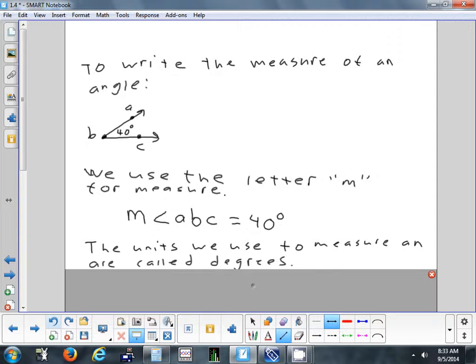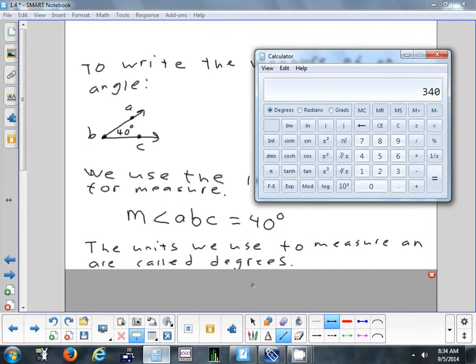So the units that we use to measure an angle are called degrees. It's not the only way to measure an angle, but it is what we use in geometry. Does anybody know another way to measure an angle besides degrees? Okay, well, if you take trig, you'll learn it second day. It's called radians. Okay, most calculators have a mode on it.